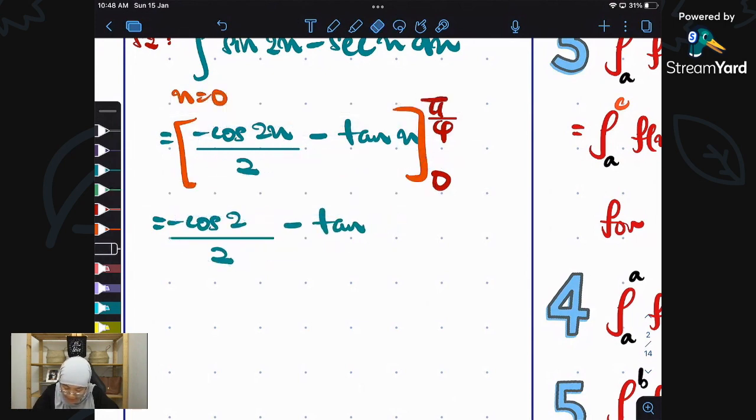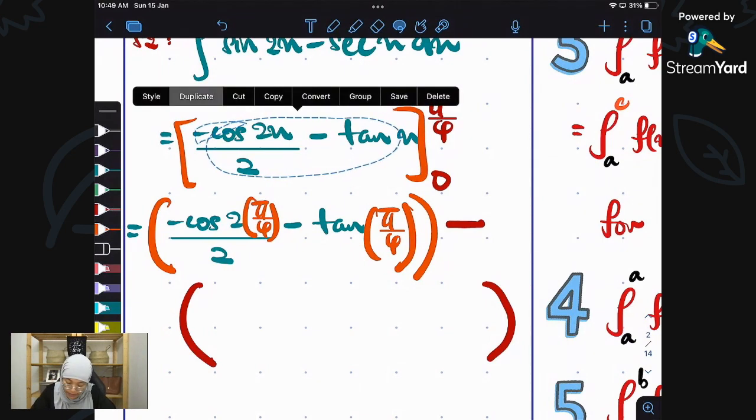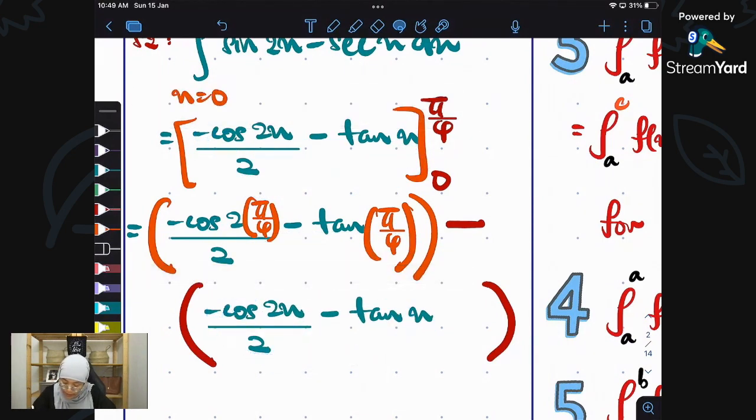I change the x into pi over 4. This is just the first part, okay guys? And then I must not forget to minus it with the second part, which is copy paste again the answer here. And then I change this x into 0.